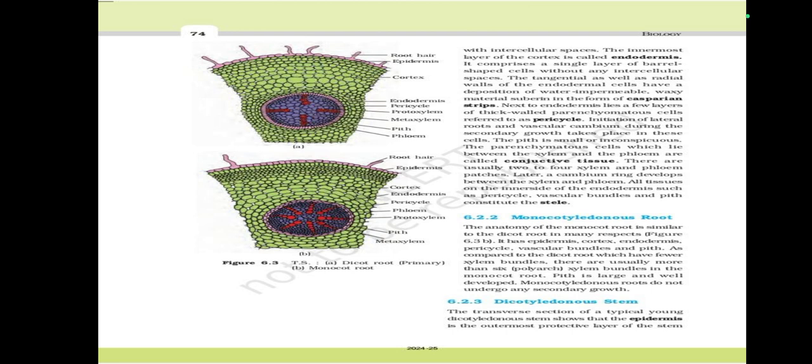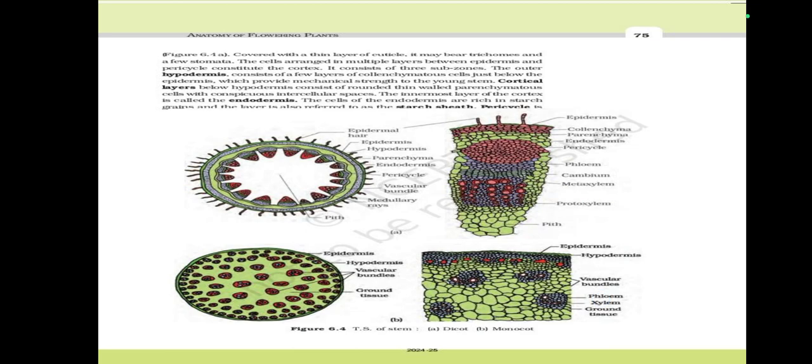Dicotyledonous stem. The transverse section of a typical young dicotyledonous stem shows that the epidermis is the outermost protective layer of the stem, which is located in figure 6.4a, dicot, covered with a thin layer of cuticle.